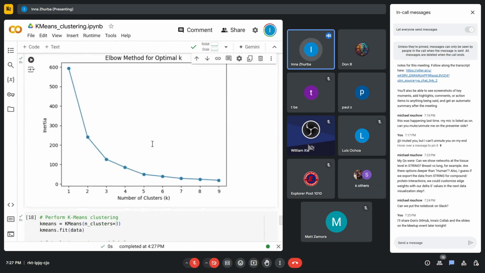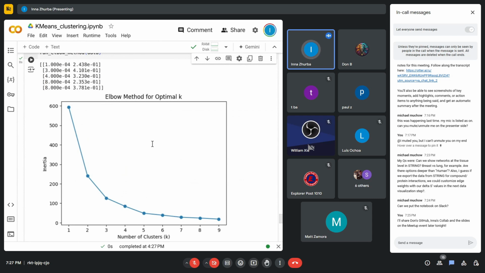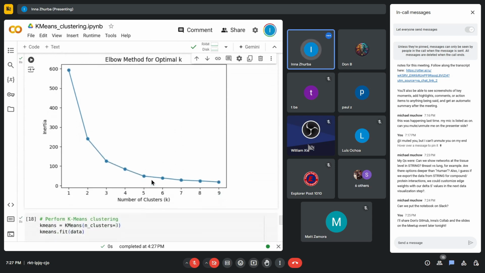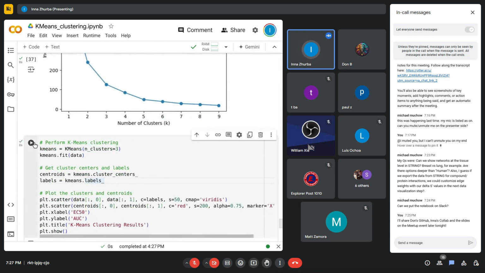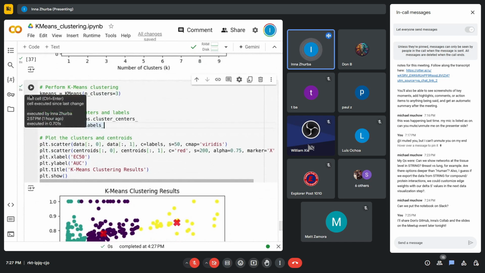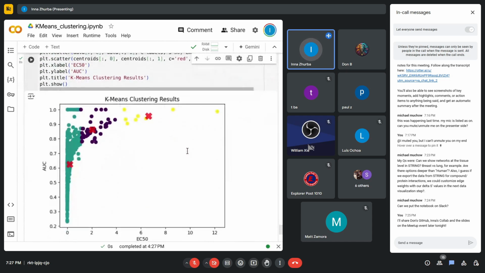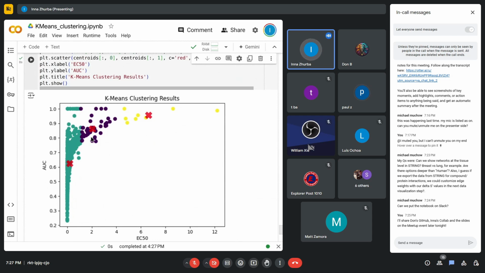Then we can go on and run the elbow method for our data set, and I would say that in this case, again, 3 would be the optimal number of clusters, because adding more clusters doesn't really significantly improve the results. So selecting 3 clusters, we can go on and use our algorithm to group them. And here's what we have as the final output. The green cluster is way bigger than all the outliers.